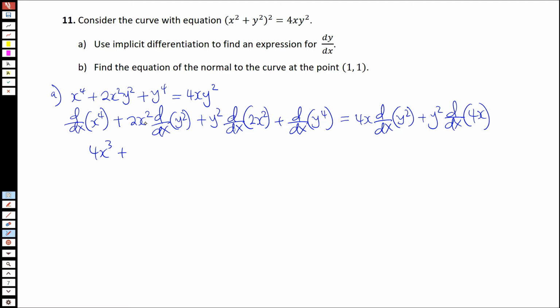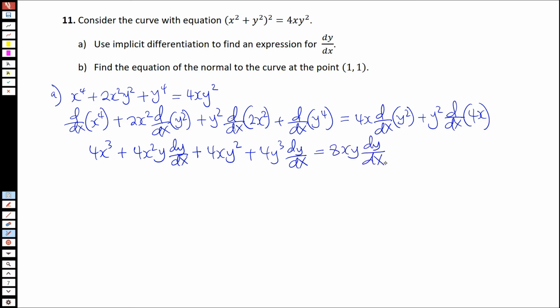If we multiply by that, that will be 4x squared y dy over dx plus this will just be 4x multiplied by y, so 4xy squared, and this will be 4y cubed dy over dx, and that will be equal to 2y dy over dx multiplied by that, that will be 8xy dy over dx plus 4y squared.